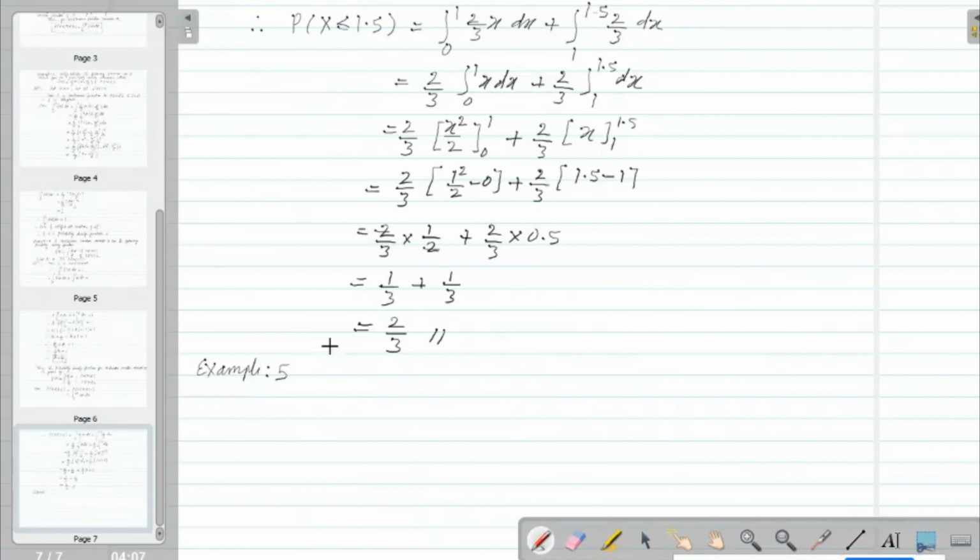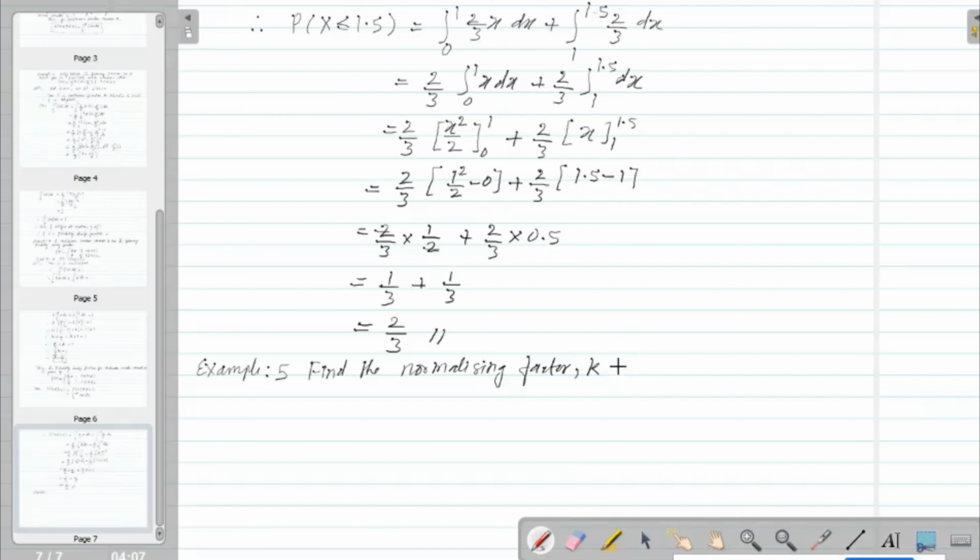Find the normalizing factor, which is k. The following functions are probability density functions.